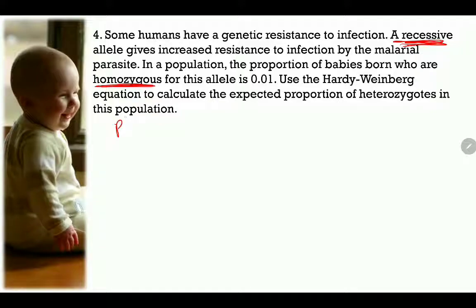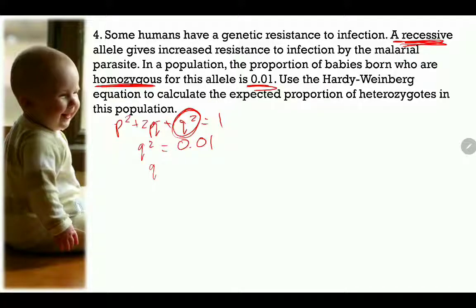So we look at our equation: p squared plus 2pq plus q squared equals 1. We're looking at our homozygous recessive, so we're looking at our q squared. So q squared is equal to our 0.01.